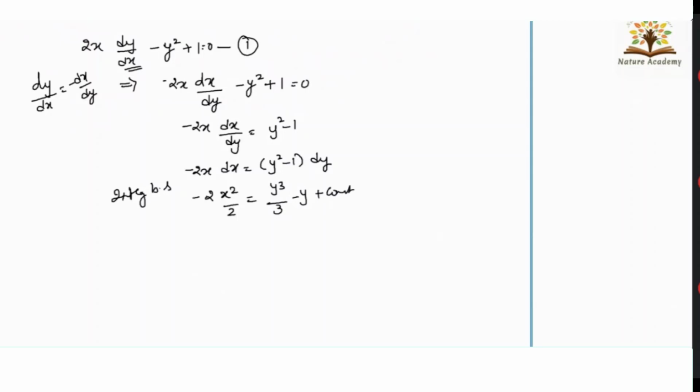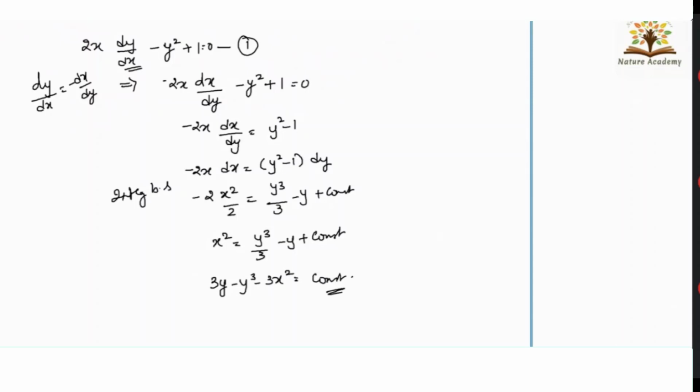So if you do some algebra here, x square equal to y cube by 3 minus y plus constant, or you multiply by 3 overall and rearrange it, you will get 3y minus y cube minus 3x square equal to constant.